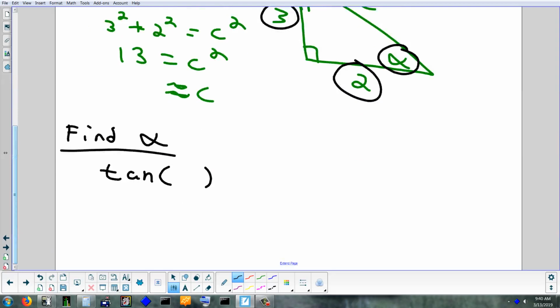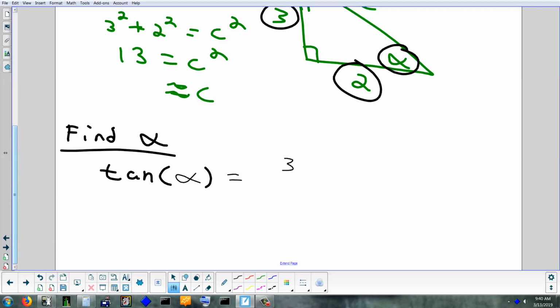What's going to go in parentheses? The tangent of alpha. This is the first time we've ever had a variable inside the trig function. So tangent of alpha equals opposite over adjacent, 3 over 2.